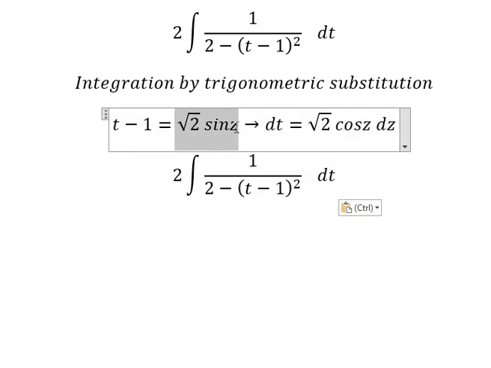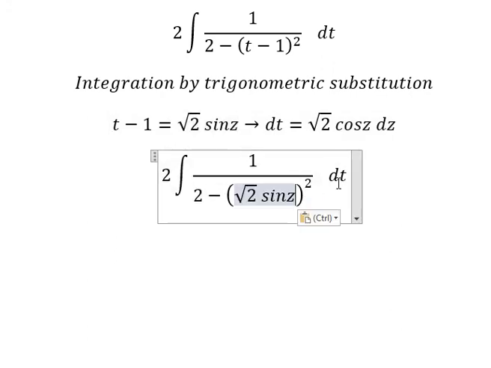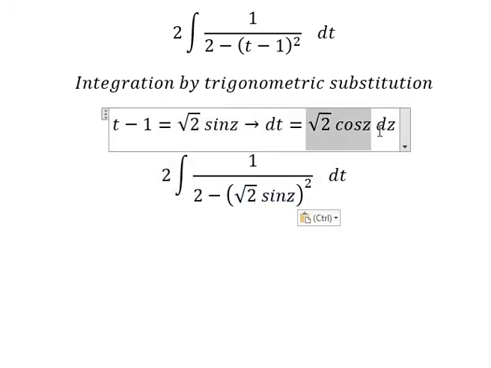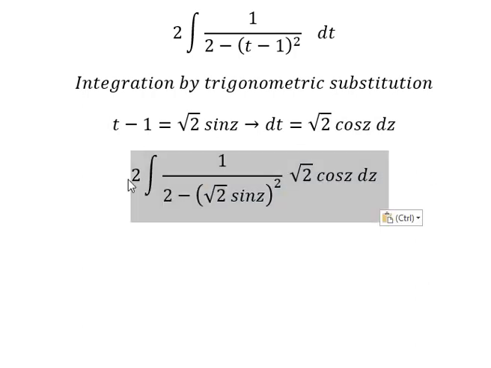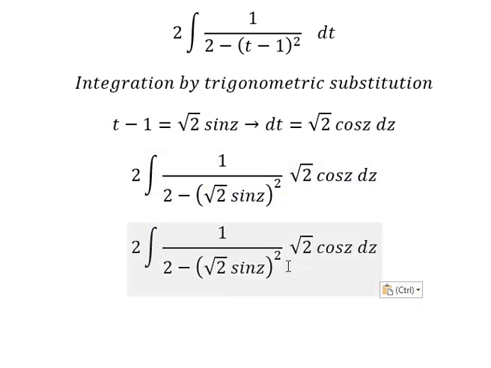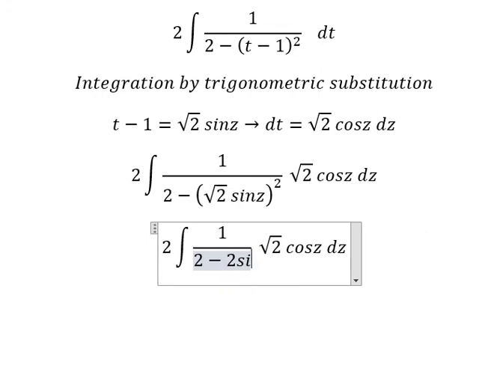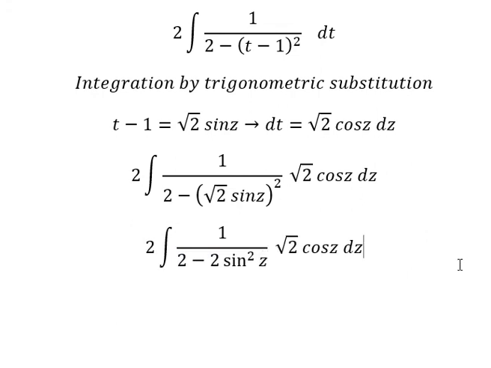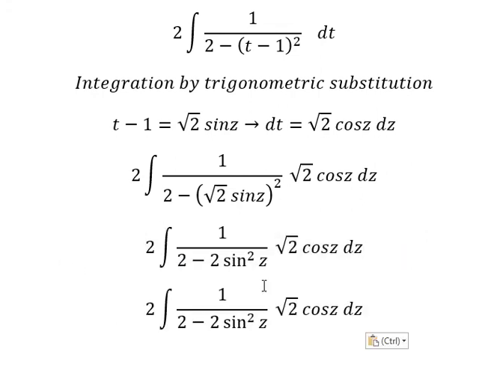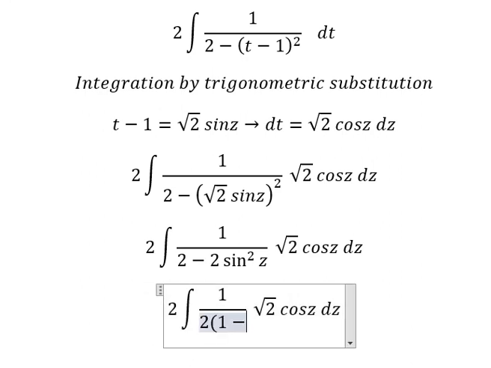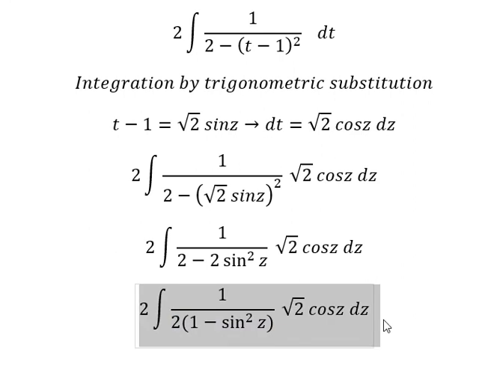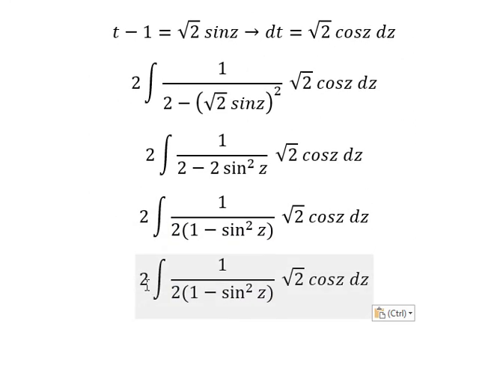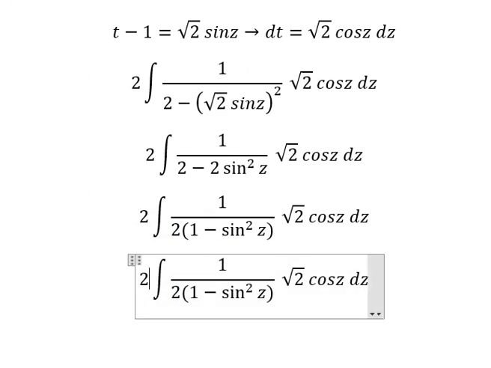So I will put this one gone here. dt we change by this one. So this one we have number 2 sin z square. Number 2 and number 2 we can do about factorization. So number 2 and number 2 we simplify.